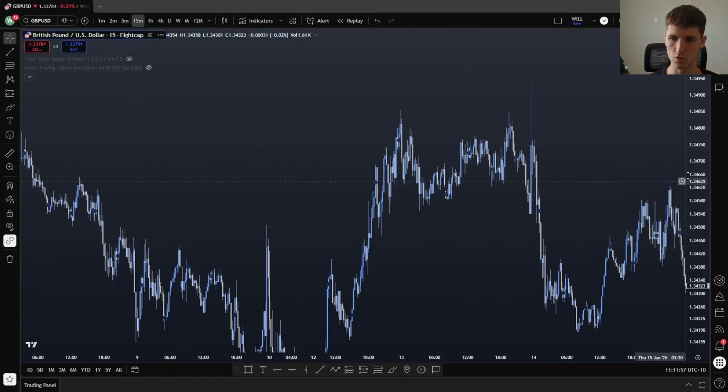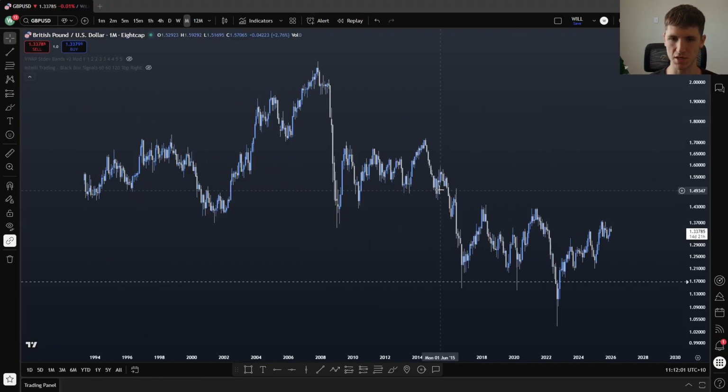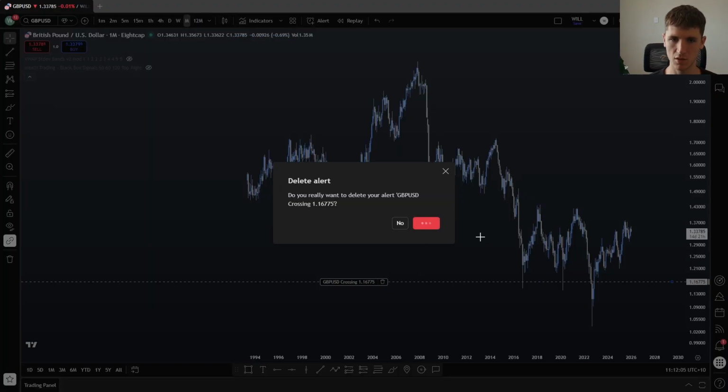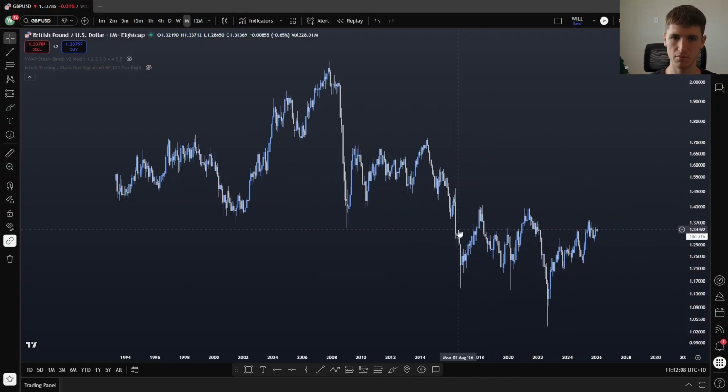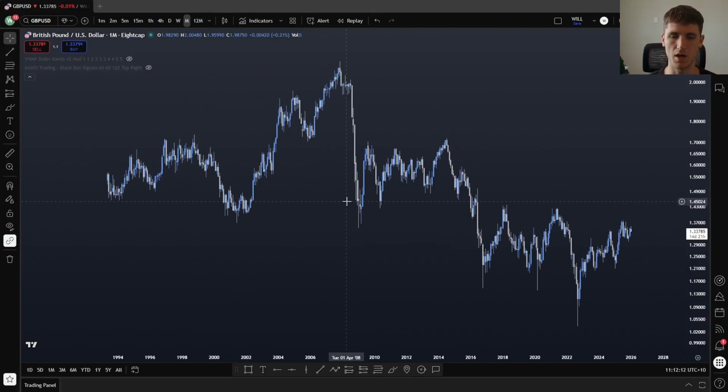And I'll start off on the monthly to show you the 20% level now. Let me just quickly get rid of this alert. But this is essentially all of the historical price action. I'm not on the premium plan because I really don't need to use it. I use other tools like Bloomberg as well.